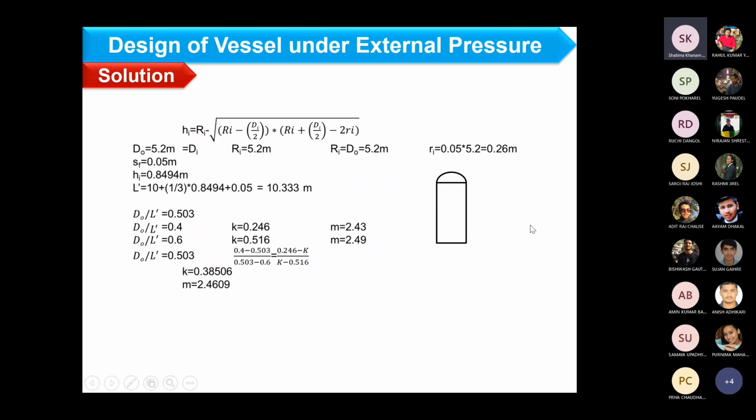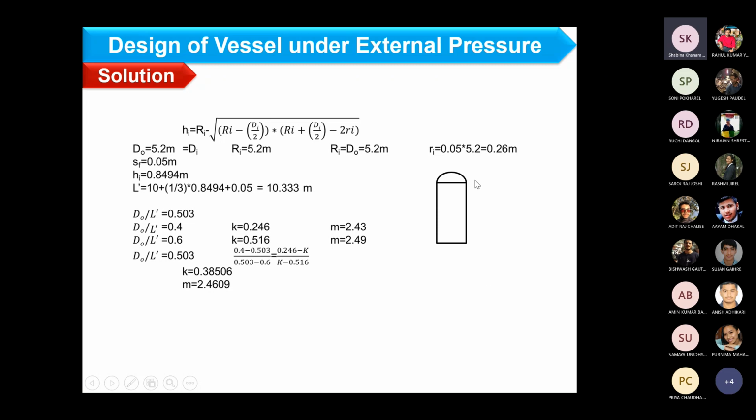So for that, because this is the cylindrical shell, one closure over here is the flat head. Okay, another head is the formed head, as you can see over here.